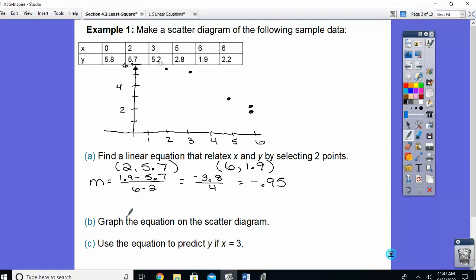Now we do the plugging into y equals mx plus b. So you pick one of your points. I'll just go with the first one. My y is 5.7 equals m, negative 0.95, times x, which is 2, plus b.